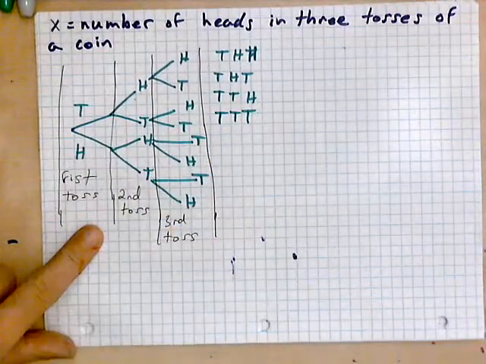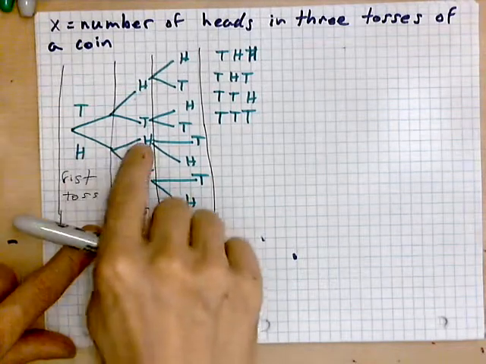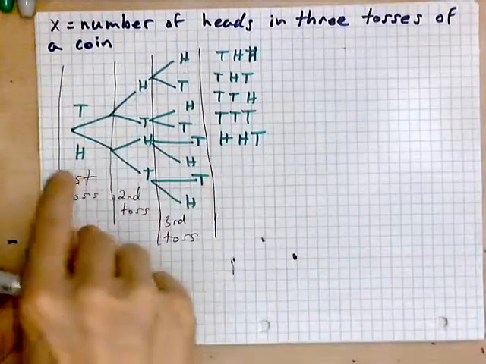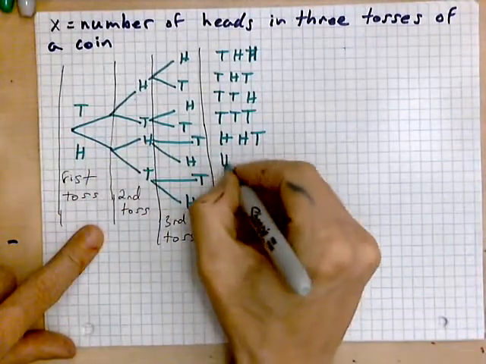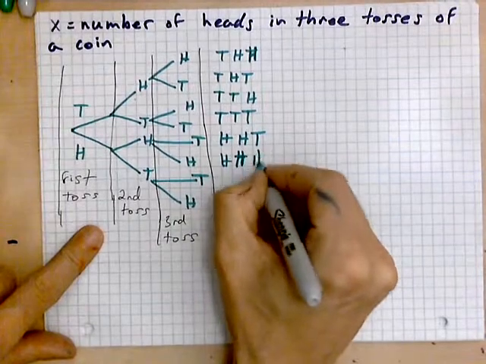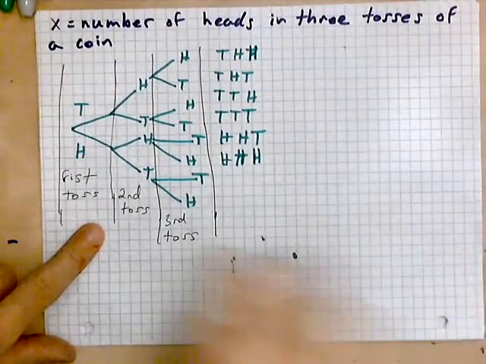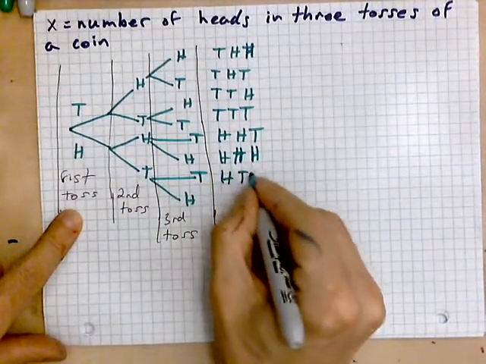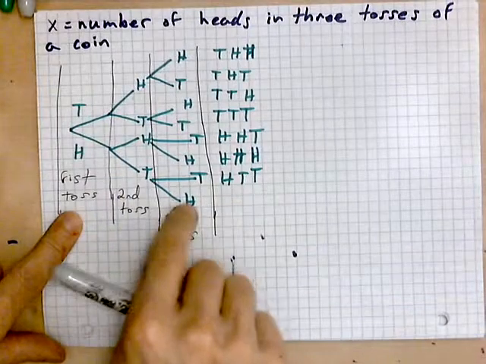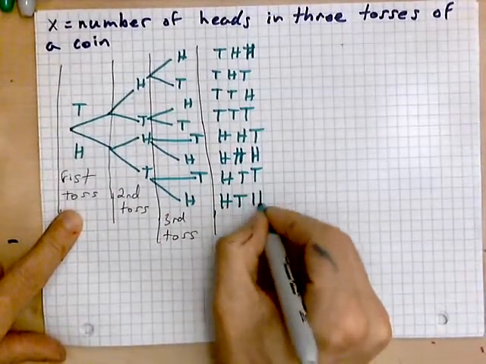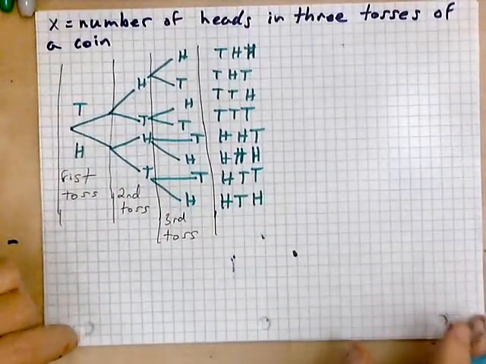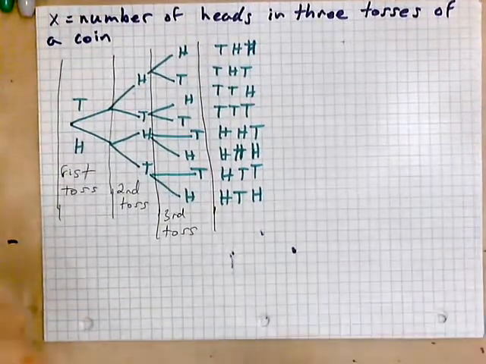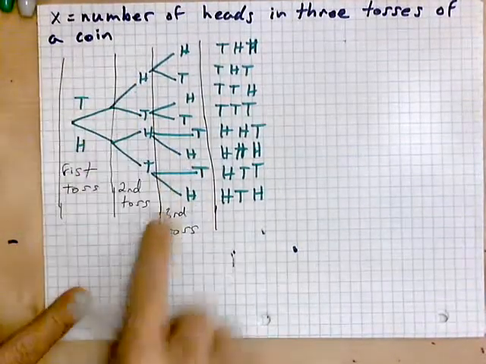Then we have head, head, tail, head, head, head. Okay. Then we have head, tail, tail. Then we have head, tail, head. So these are the options available to us when we toss a coin 3 times. First toss, 2nd, and then 3rd.